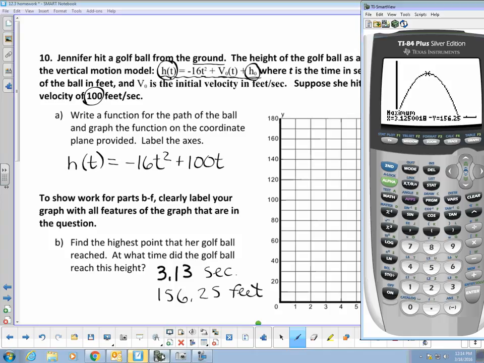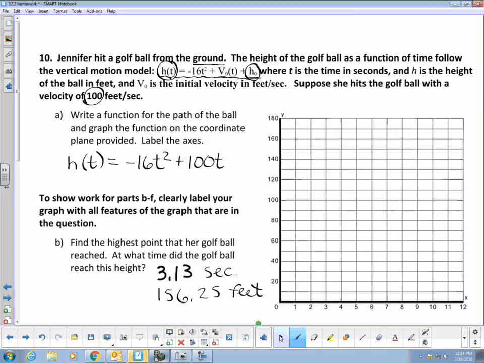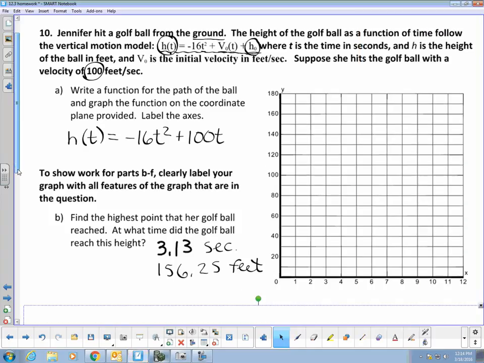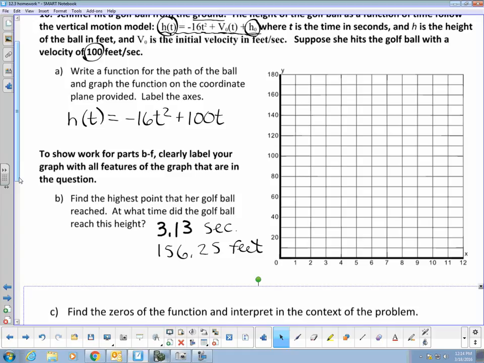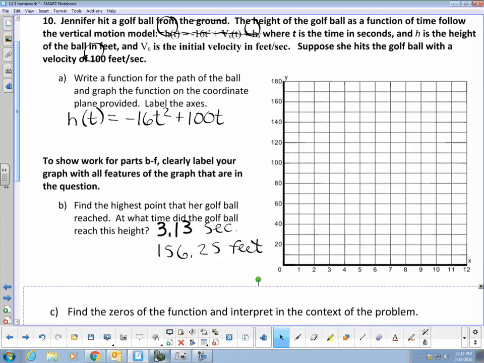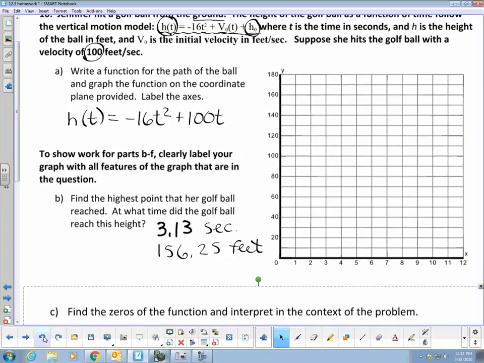Right, so what I remember is, we'll come over here and we'll graph this. Matter of fact, let's do that right now. My x values represent time, in terms of seconds. And my y value represents my height, in terms of feet.